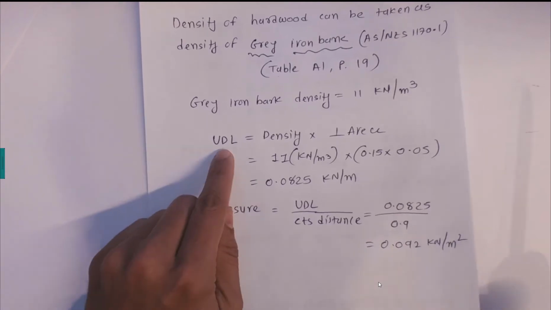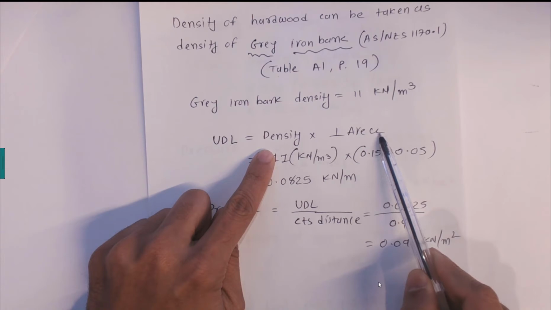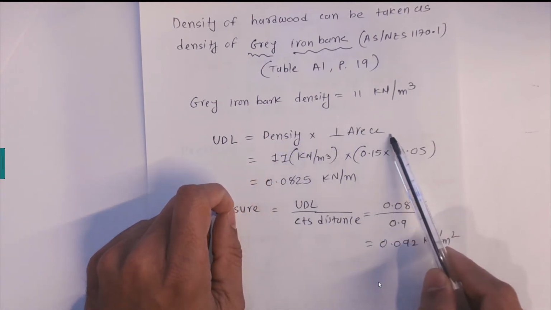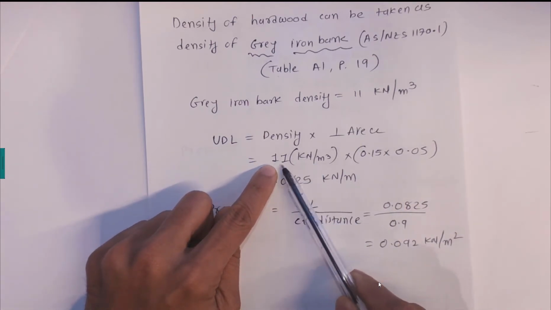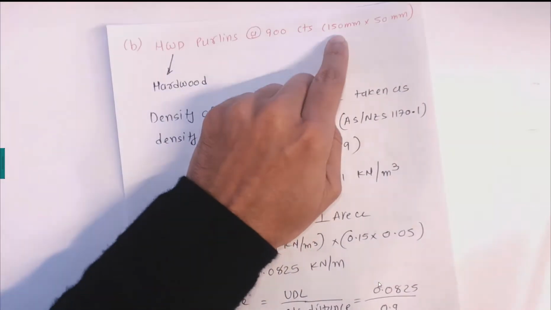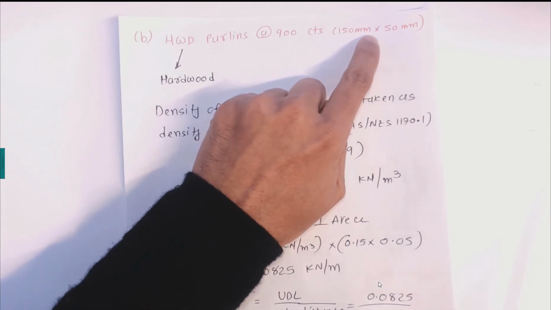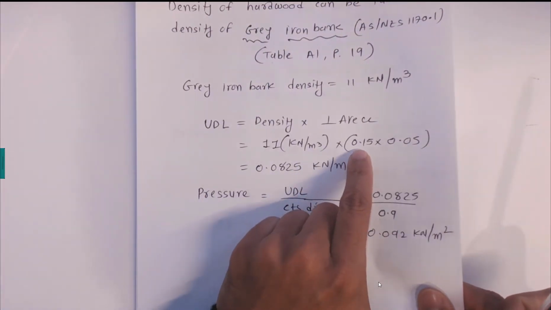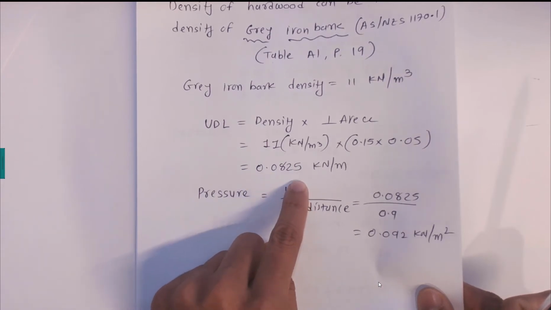First, the equation to calculate the uniformly distributed load is density times cross-sectional area. We have made some videos on how to work it out. Density is 11 kilonewton per meter cube for hardwood, times the cross section area. In the question, the cross section of this purlin is given as 150 millimeters by 50 millimeters, converted into meters, so 0.15 times 0.05 gives 0.0075.